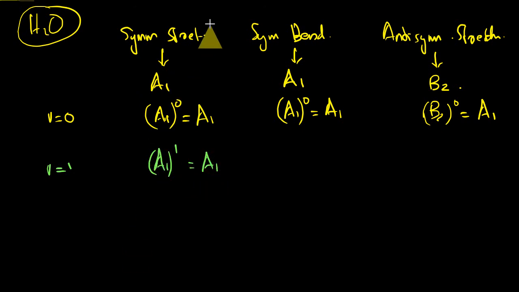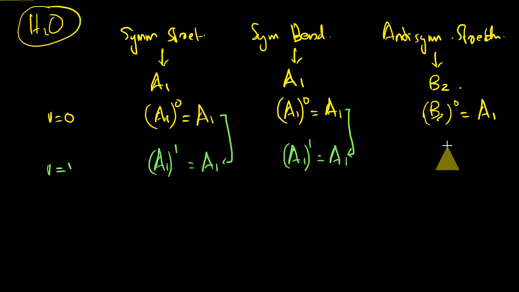It means that for the molecule executing the symmetric stretching, the symmetry of the transition is A1 to A1. And here also, when it is making a transition to the V is equal to 1 state, its symmetry will be A1 raised to 1, that is equal to A1. So for the symmetric bending, from the ground vibration level to the next higher vibration level, the symmetry of the transition is A1 to A1.